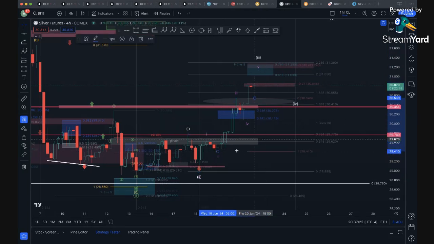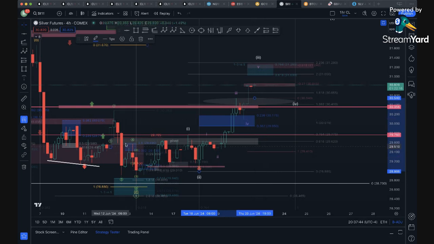This one. So when I was measuring it from here, which is the bottom of wave 2, if this was the top of wave 3 of this same degree, this is too shallow. It only came between the 236 and the 382, which honestly is an acceptable ratio for wave 4.